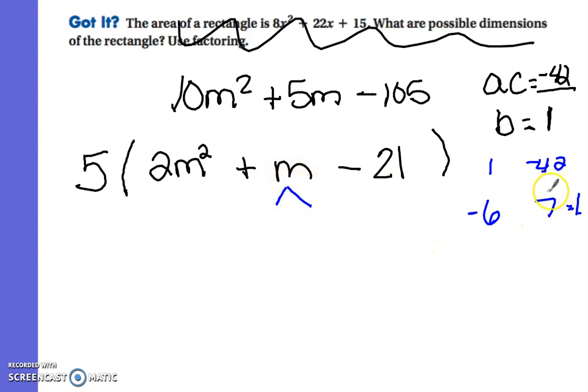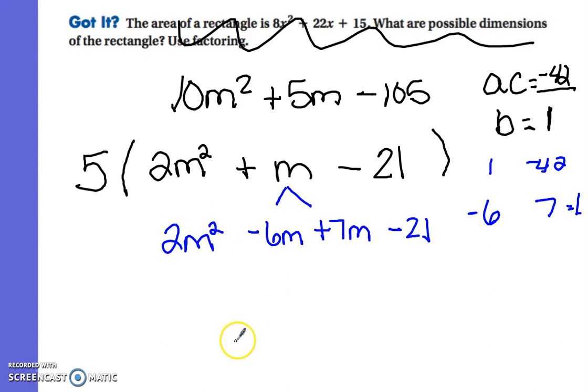I do want to remember, so right away, I would probably write this one first anyway. So negative 6m, and then if I add 7m, I'm just breaking that one up into two different terms. I haven't changed the actual value of it, but I want you to see 2m squared.